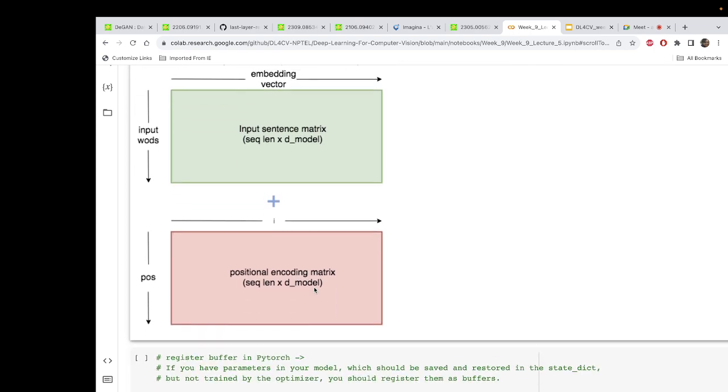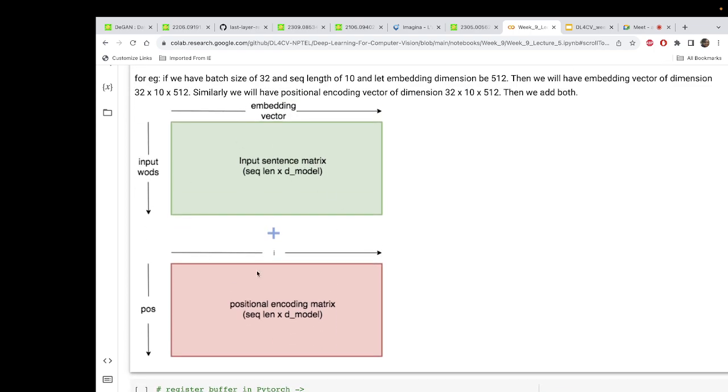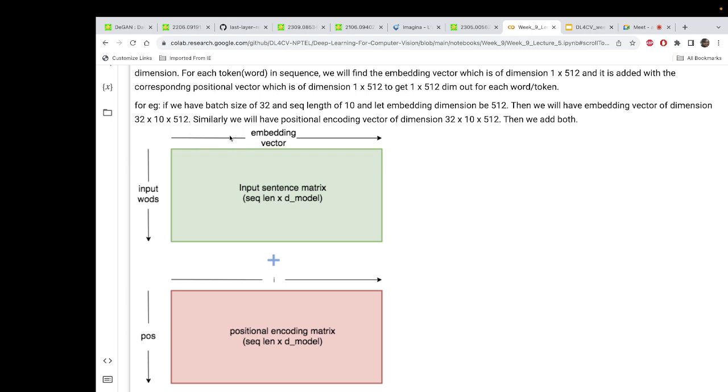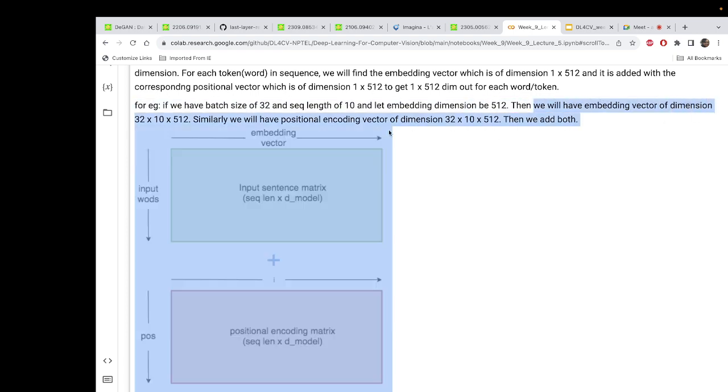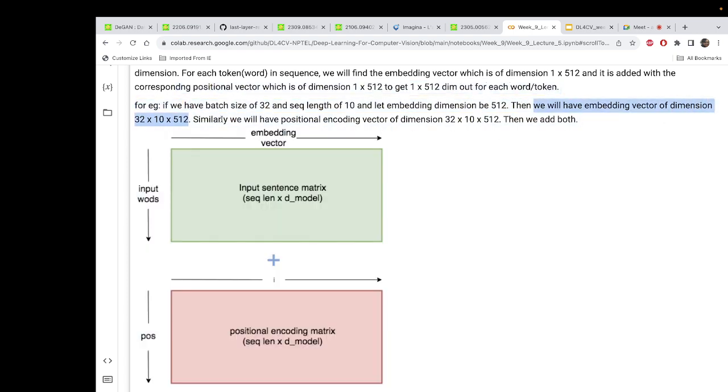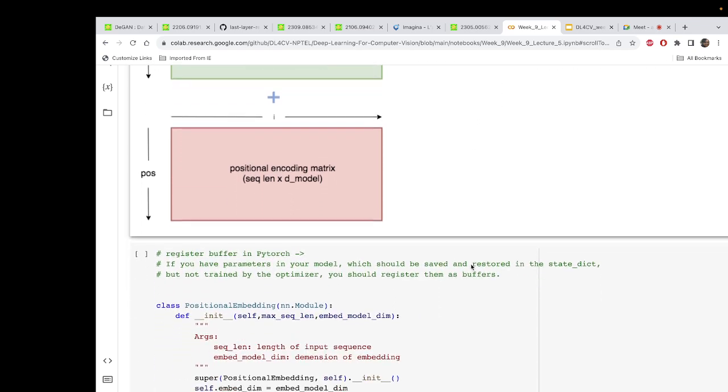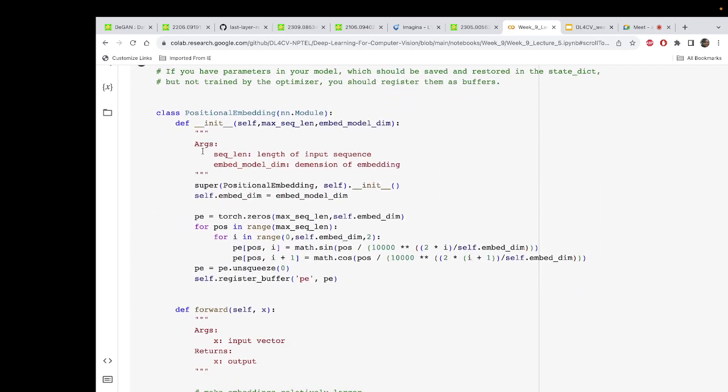This gives us our final input embedding. As it is written here, the embedding vector will be of dimension 32 cross 10 cross 512 and the positional encoding vector will also be of size 32 cross 10 cross 512, and we are adding both. The code for this is given by this.